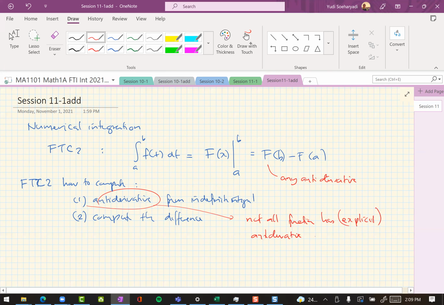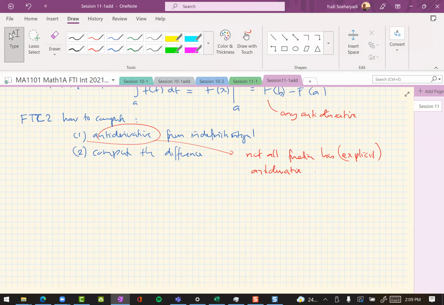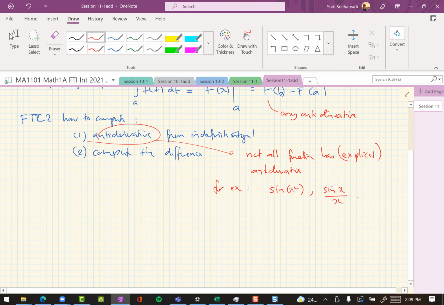In fact, there are a lot of functions that have no antiderivative, for example sine x squared or sine x over x. Later on, you will see a lot of such integrals.